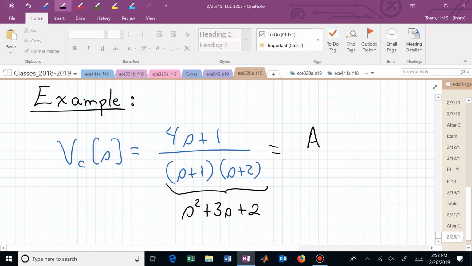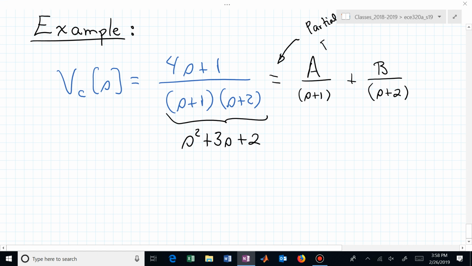We want some amount a of a term associated with the s plus 1 factor, and some amount b associated with the factor s plus 2. This right-hand side is what we will call our partial fraction expansion.